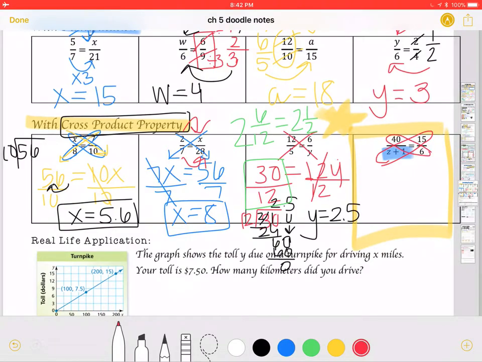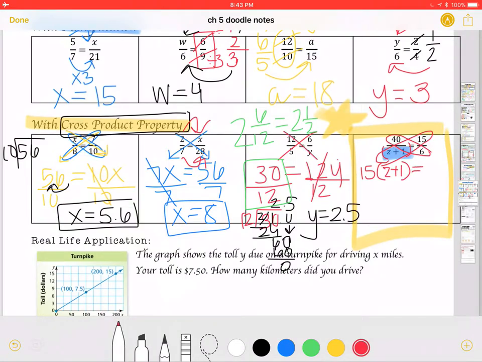So what this is going to look like is 15 times (z plus 1). When there's an entire expression, you need to put parentheses around it because that 15 is going to get multiplied by everything down there.